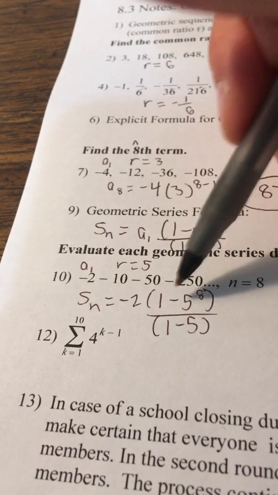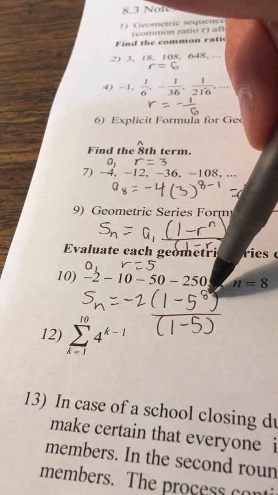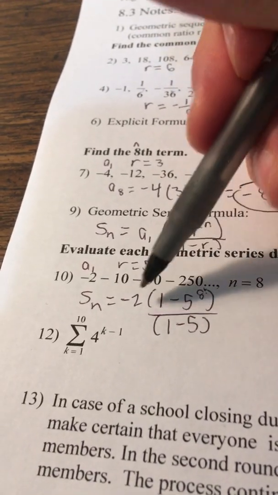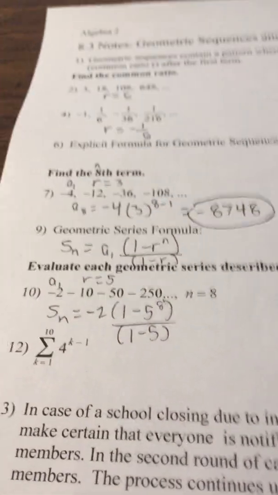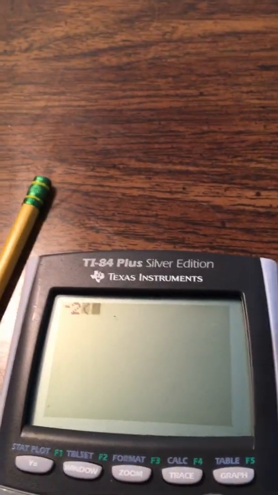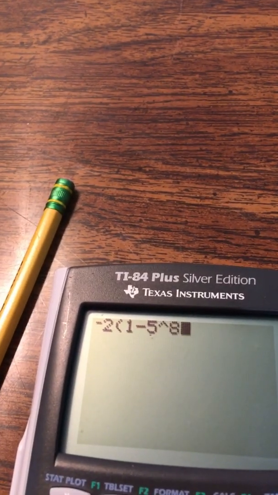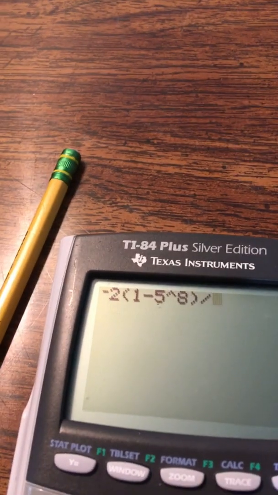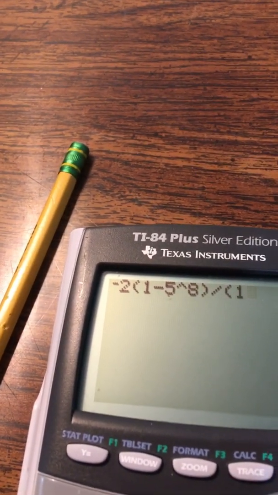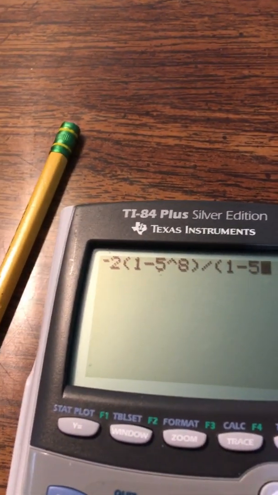All right, exponents before subtraction, order of operations. So I would have to type it in exactly as I see it, at least on top. So I would be typing in negative 2, parentheses, 1 minus 5, exponent 8, then close the parentheses, divide by, you could type negative 4, you could just do 1 minus 5 here.